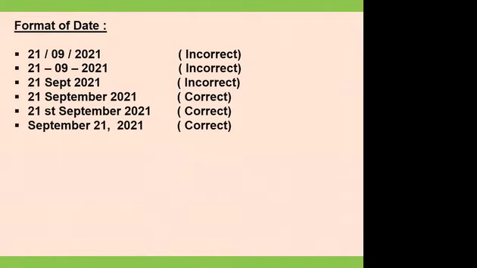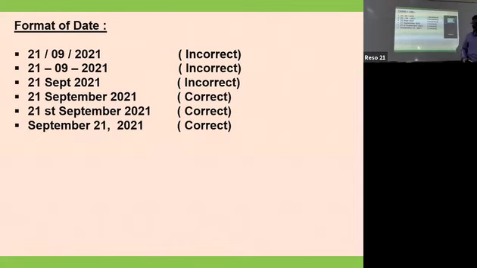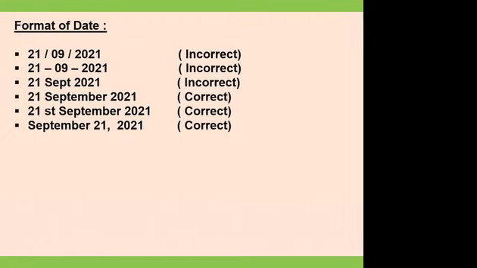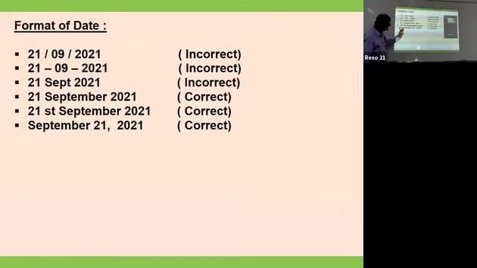So the correct way of writing the date: 21 September. If you are habitual of using st, nd, rd, then 21st September. If you want, September 21, comma, and then 2021. This is the way you have to put up the date.